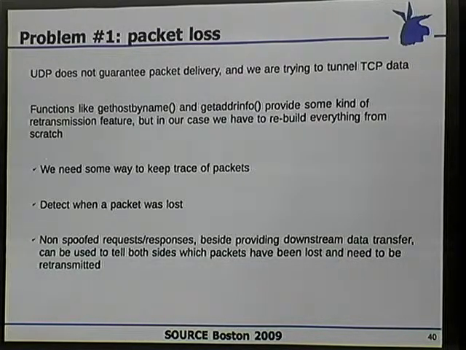We had to keep track of packets. We have to detect when a packet was lost, and in order to do that, basically, we can send control data in every packet. For instance, we could tell the authoritative name server or the client, basically, I received those packets, or I'm missing these packets.